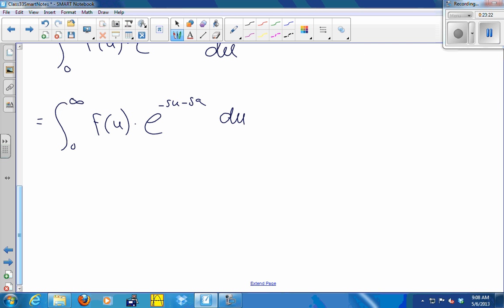And then I can do my little trick that we use all the time. This is e to the negative su times e to the negative sa. And e to the negative sa is just a constant, because my variable is u. So I can pull that right out of my integral.